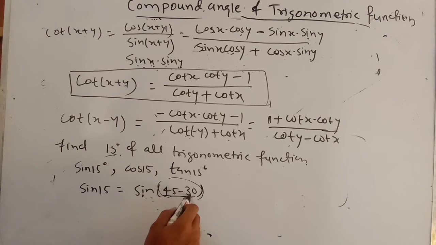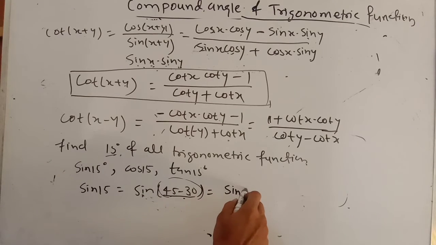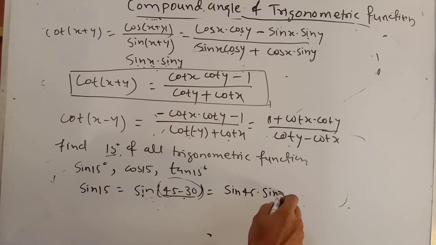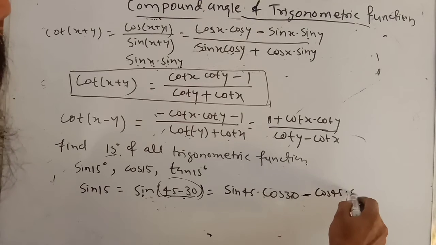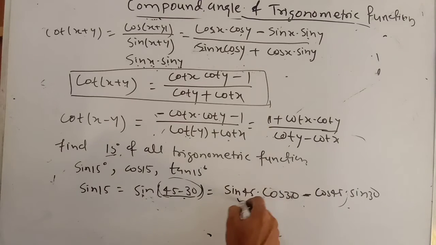So we know that sine x minus y, you can write sine 45 cos 30 minus cos 45 into sine 30. So we know the sine 45 value and cos 30 value.